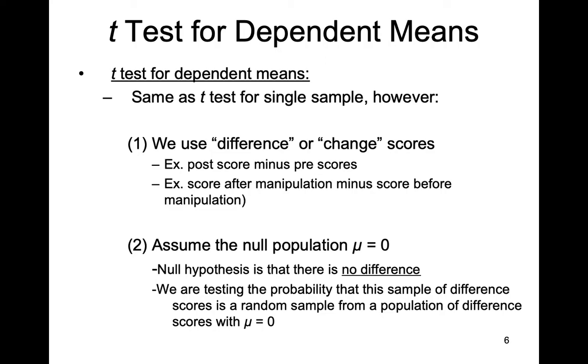With a one sample t-test, we're taking a single sample, we're going to calculate the mean, and we're going to say, is that sample mean different from the known population mean? Here we're saying we're going to take a sample of difference scores, and we're going to see whether that sample of difference scores has a mean that is different than the population mean of 0 under the null hypothesis.